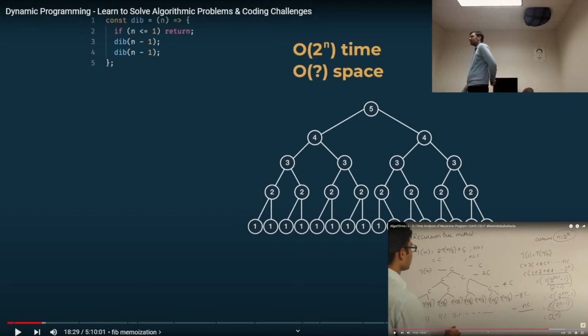And plus n by 2. And log n. C plus 2 f of n by 2.